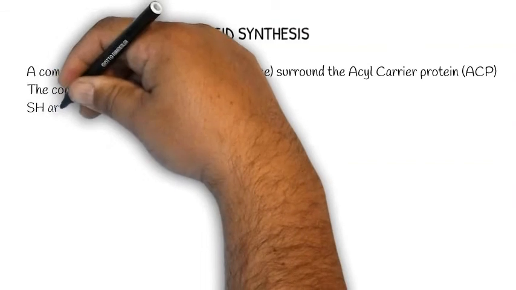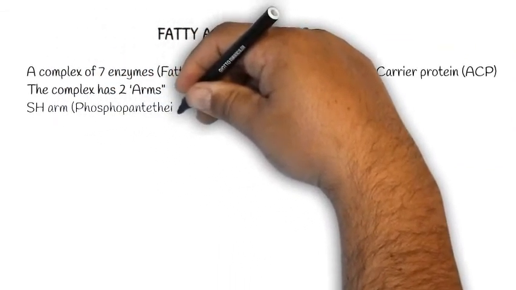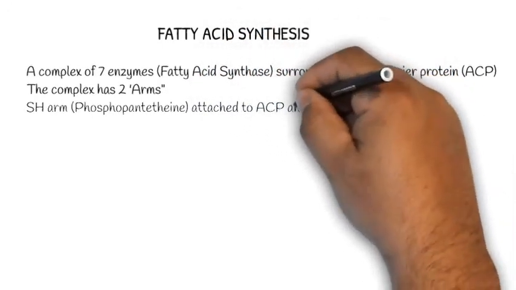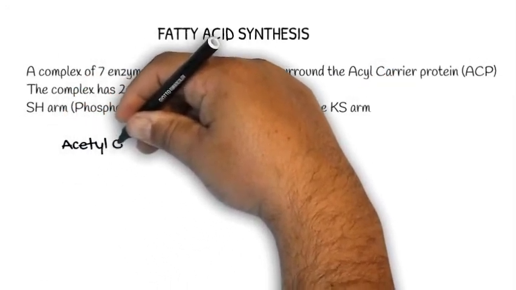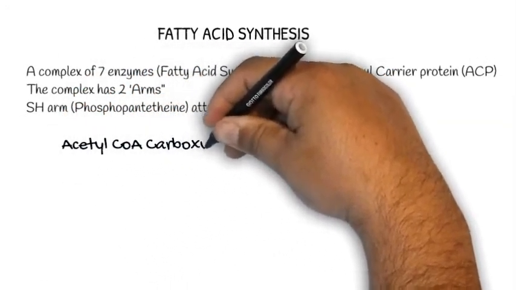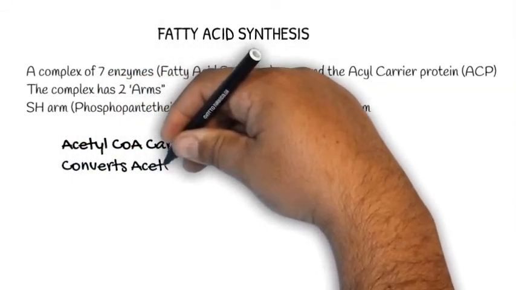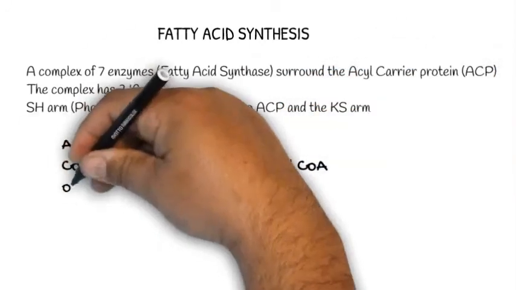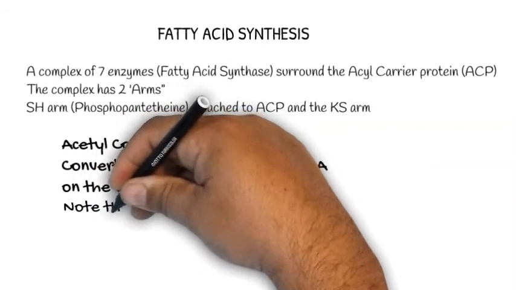And this complex has 2 arms, what we call the SH arm, which is built up from the vitamin phosphopantothenate, which is directly attached to the acyl carrier protein, and it carries the intermediates to the various enzymes. The other arm is known as the KS arm, which also carries some of the intermediates of fatty acid synthesis.